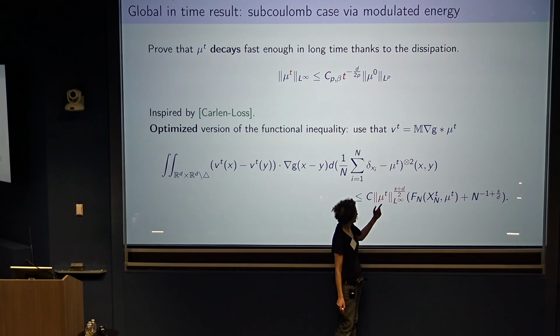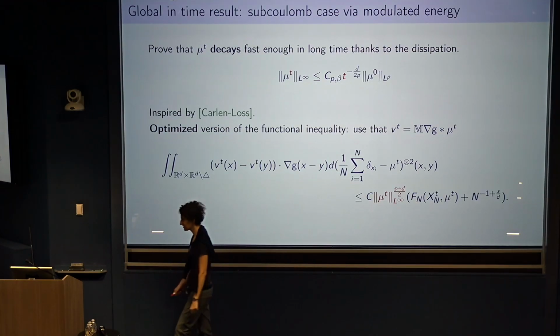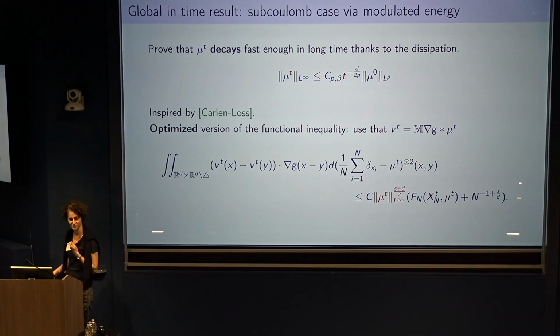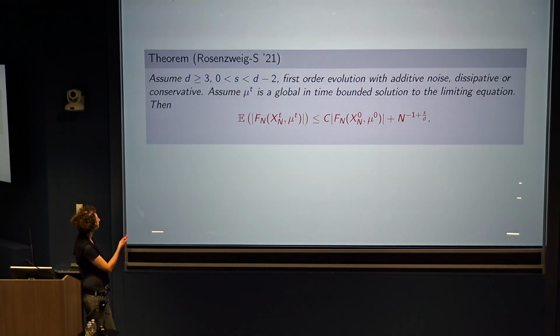Here you see that it depends like that, so you're going to get some negative power of time. When you put that in Grönwall, suddenly things become integrable for all time, you don't have to pay an exponential in CT, and so you can get a uniform result. For now, it works only in dimension bigger than 3 and S less than d minus 2, unfortunately.